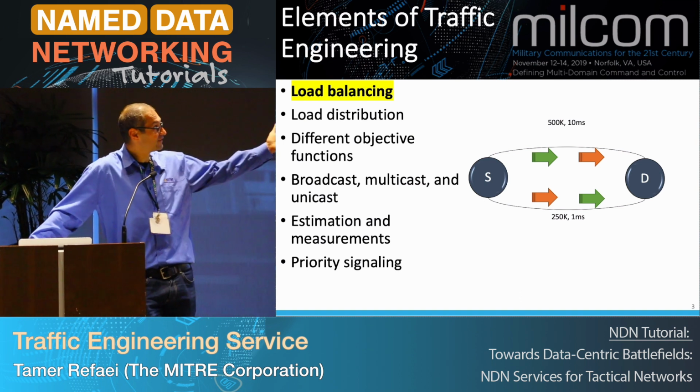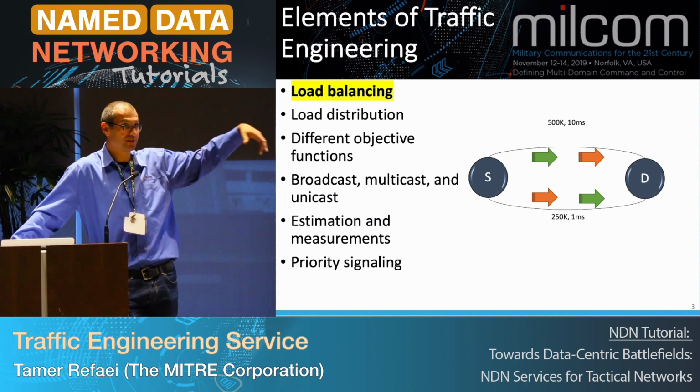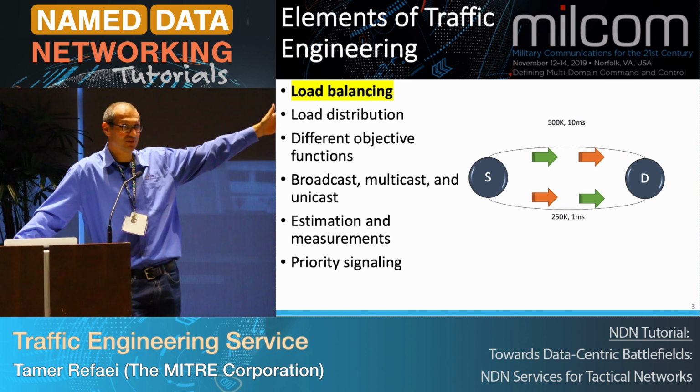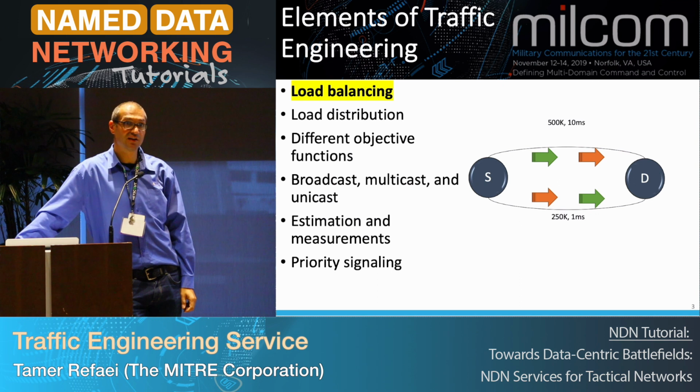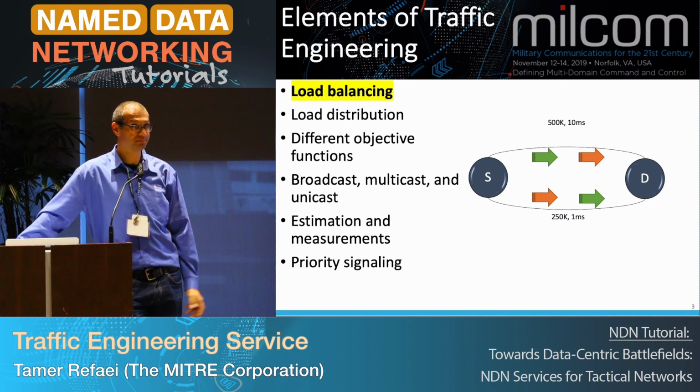In this case, I have two links, 500 kilobits per second with 10 milliseconds, and the second one is 250 with 1 millisecond, and I have two flows, a green and an orange, and I'm balancing the load that I have on both links.